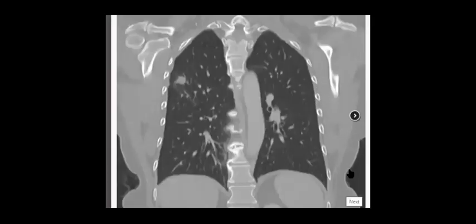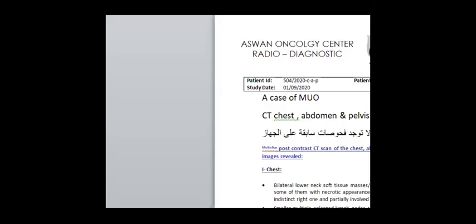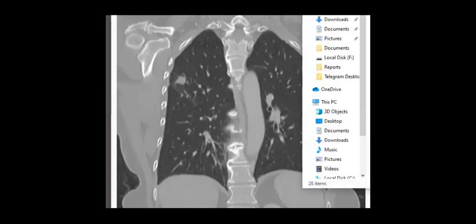Try to describe. So right upper lung mass. Marwa, thank you. Speculated nodule, pulmonary nodule. Okay.